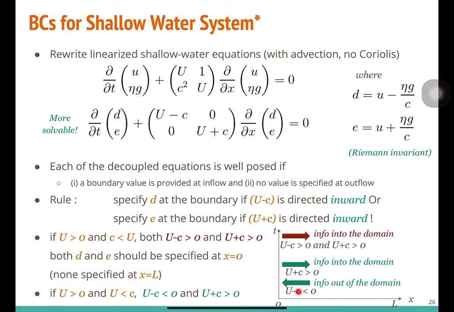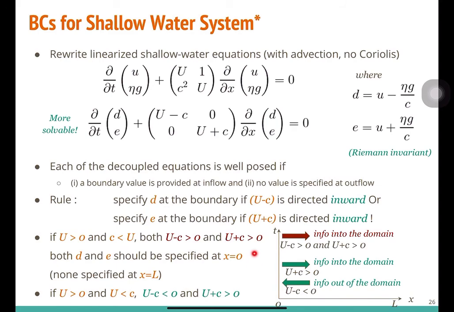And C is larger than U, which means that U minus C is negative. It should be totally on the other side when we are talking about the affection of D, which means that D is inflowing on the right boundary and outflowing on the left boundary.